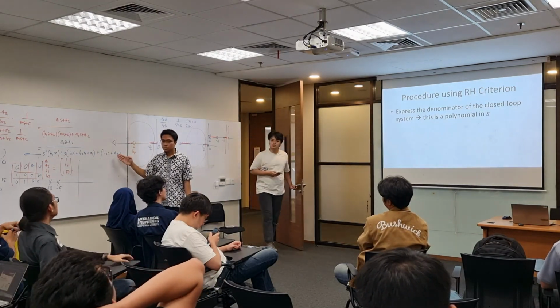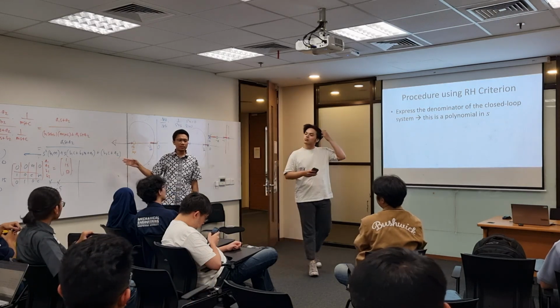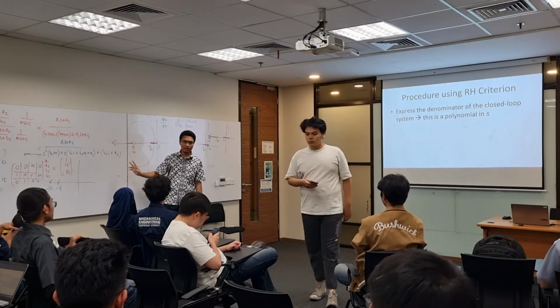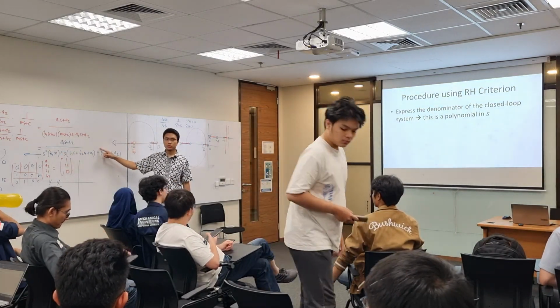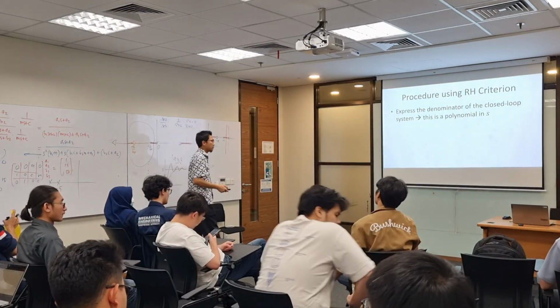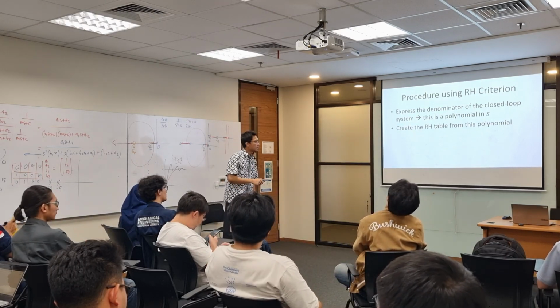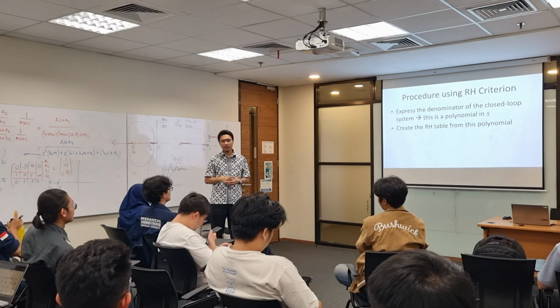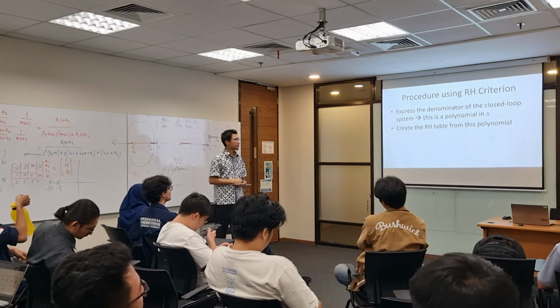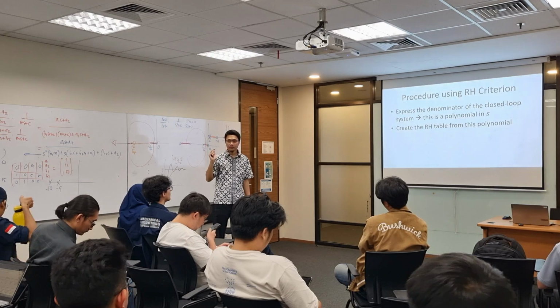You have to realize that this is a polynomial in s: s squared, s to the power of 1, s to the power of 0. And then the second step is that we create a Routh-Hurwitz table from that polynomial.